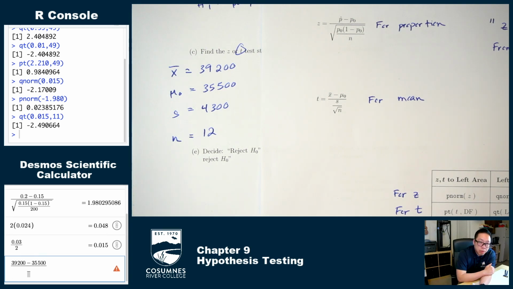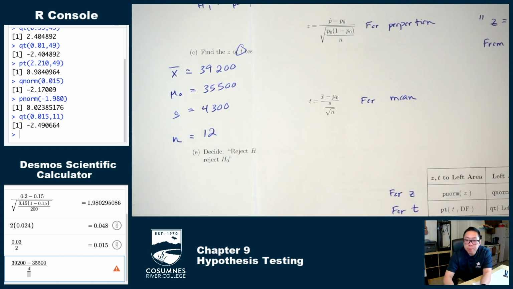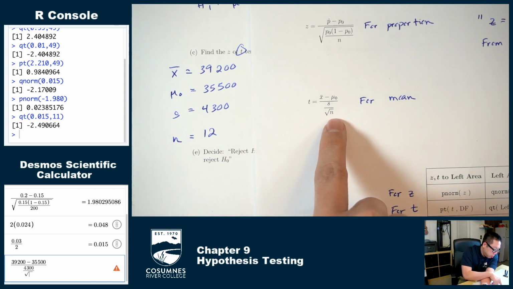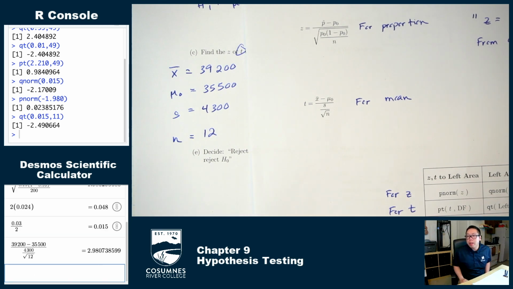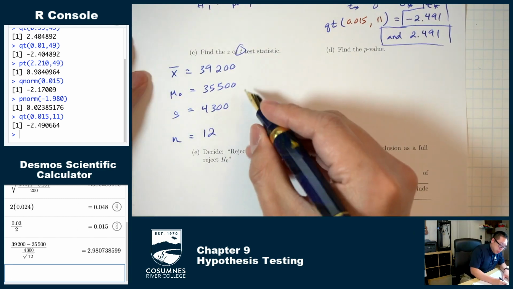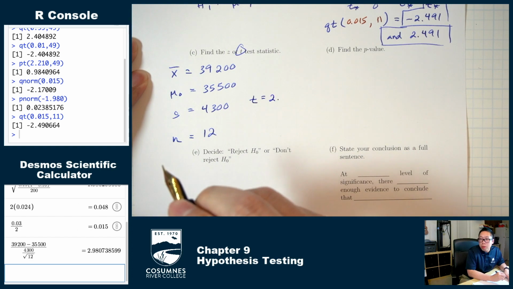On top of the bottom fraction is going to be s, which is 4,300. And on the bottom of that one, square root n. Our n was 12. All right, 2.981. That's our t test statistic. 2.981.